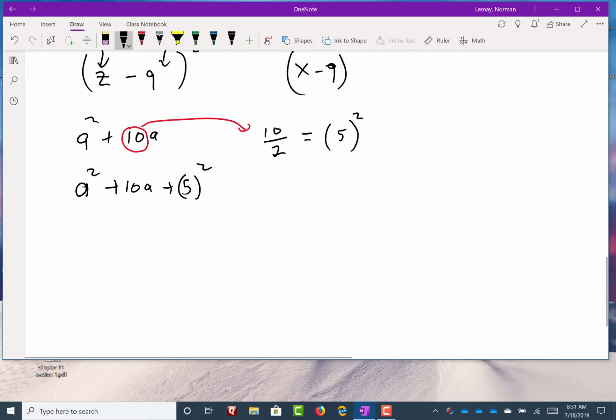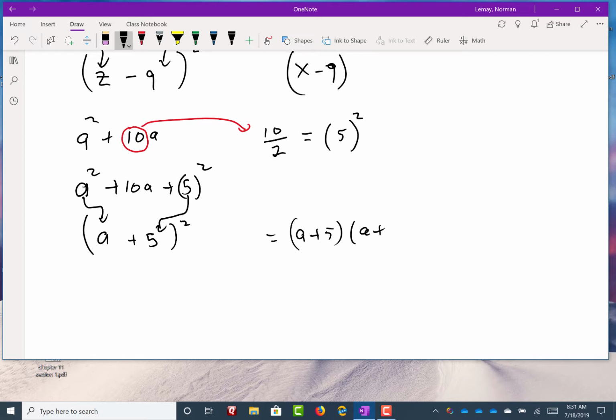And just like we did up above, we write a bracket, and we're going to bring that a down, and then we're going to bring this 5 down, so we're going to go plus 5, and then we just square it like that. So let's just note that (a + 5) squared is equal to a squared plus 5a plus 5a plus 25, or 5 squared.